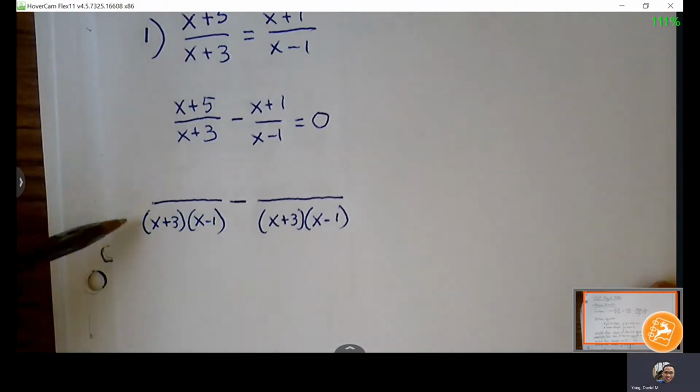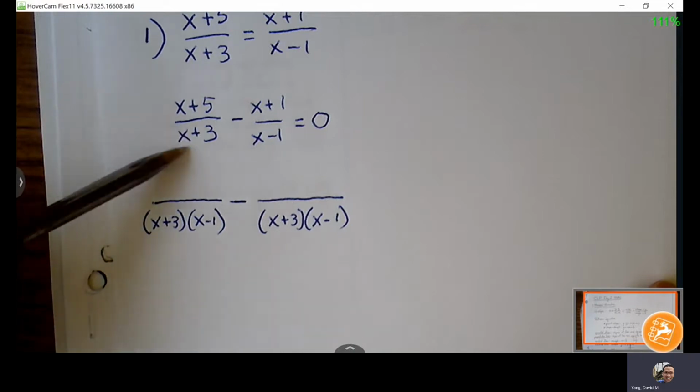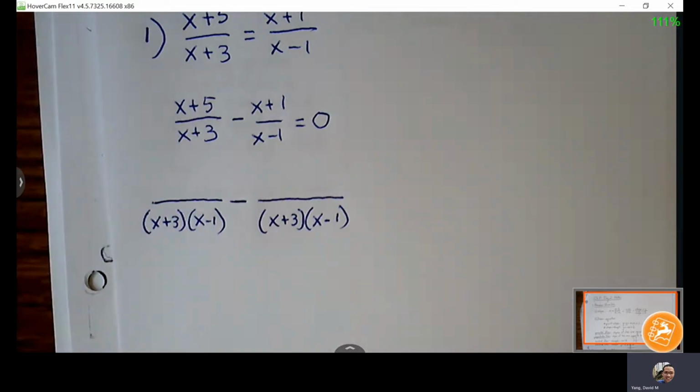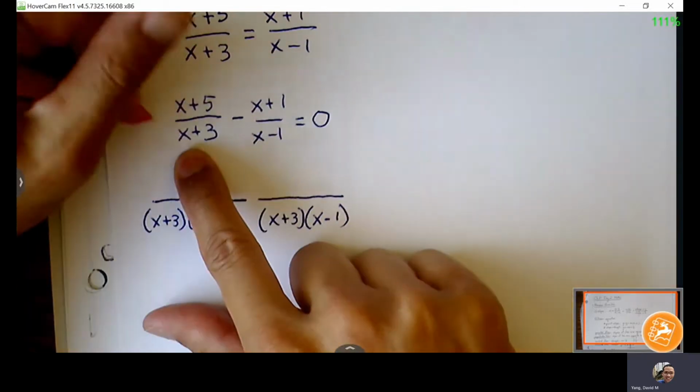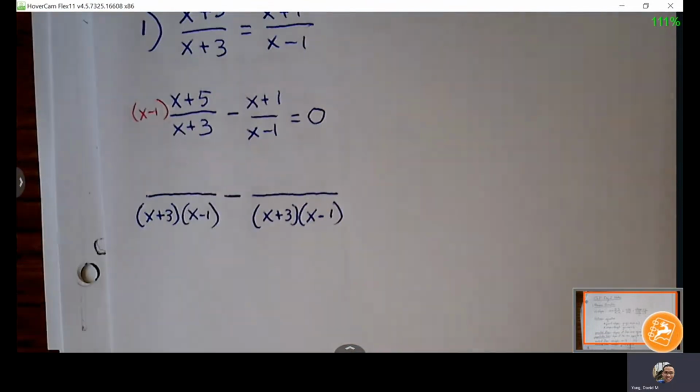So now I have to ask myself, what changes need to be made from my old denominator to my new denominator. I see that the x plus 3 is missing an x minus 1, so that's what's needed to balance the fraction. So I need to multiply the numerator by x minus 1.